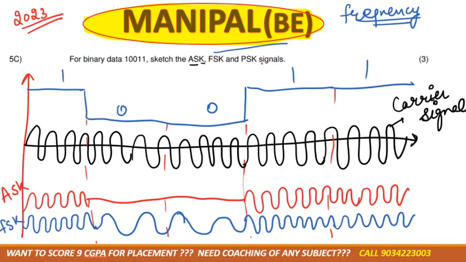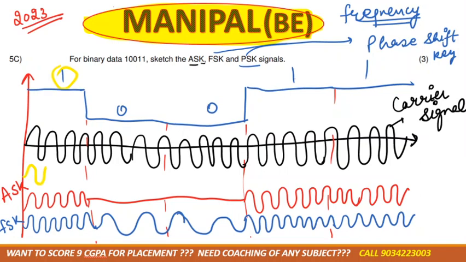Now next one is PSK. As you know, PSK stands for phase shift keying, correct? So if I draw for PSK, it would be like this. There is a change in phase, so for one, it is normal according to the carrier signal. Okay, now 0 0, you don't need to mention anything.